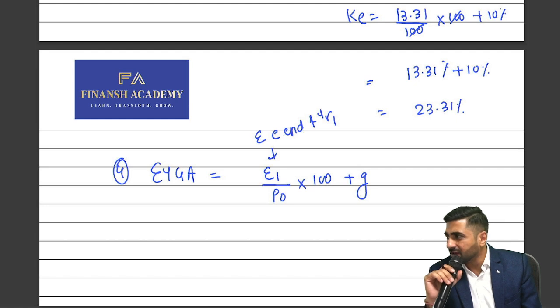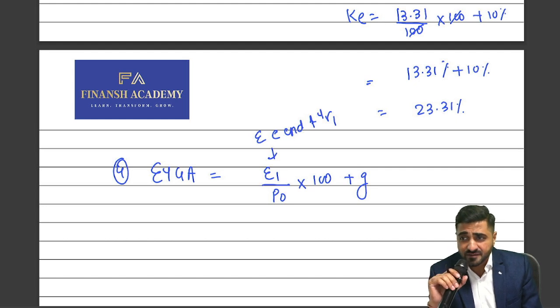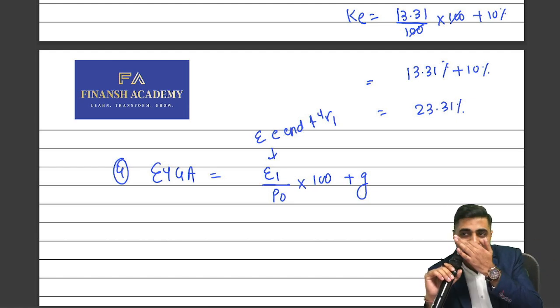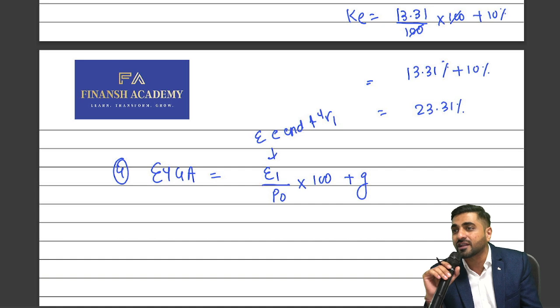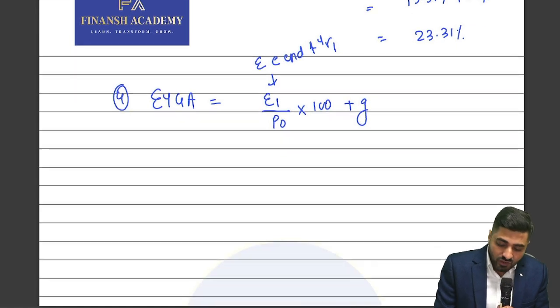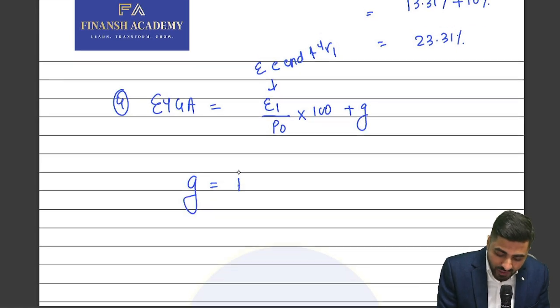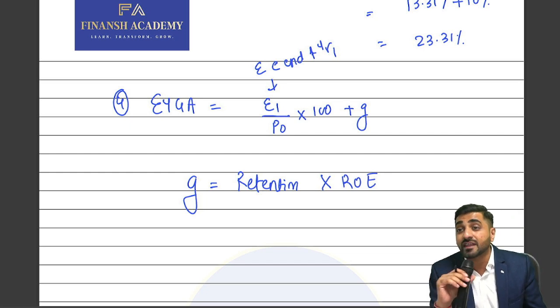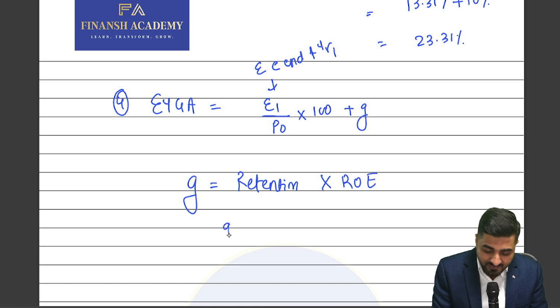Now, the growth rate is usually given to you. If the growth rate is not given, then they will give past year data where the dividends are growing at a constant rate. So can we calculate the growth rate accordingly? Yes, sir. Or else the growth rate can also be calculated by taking your retention ratio and multiplying that by ROE.